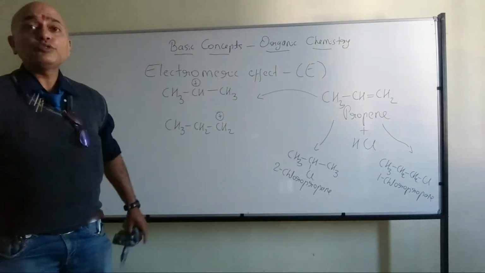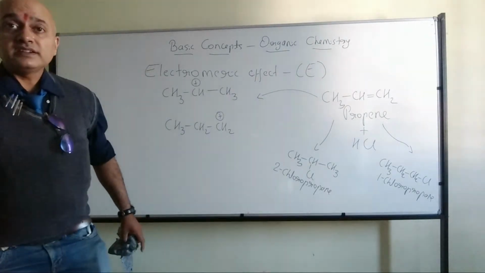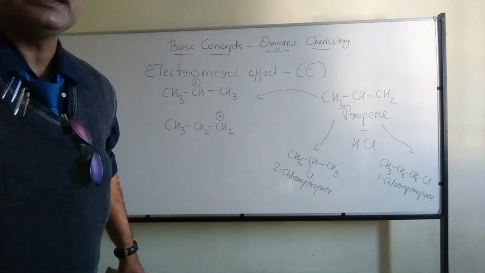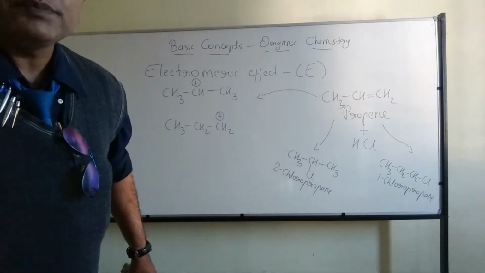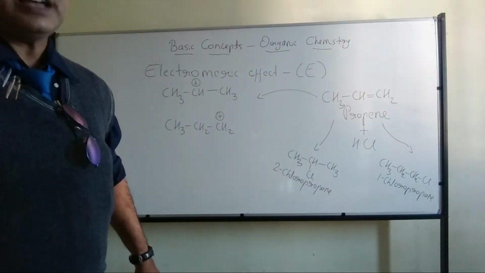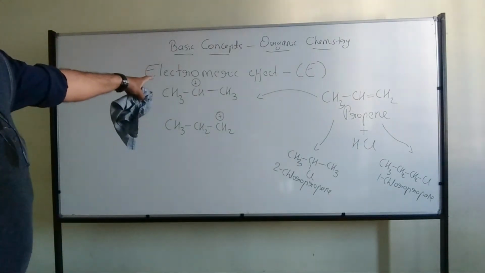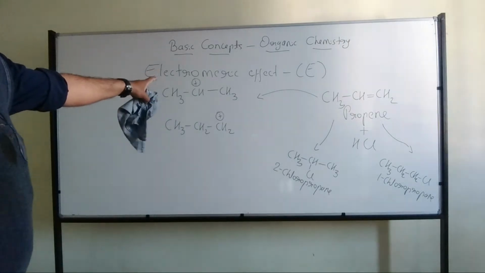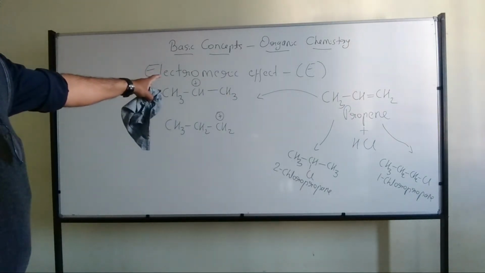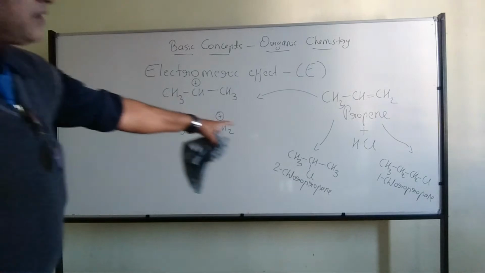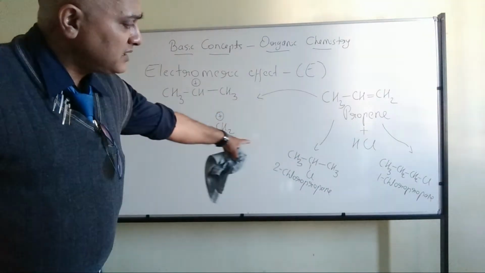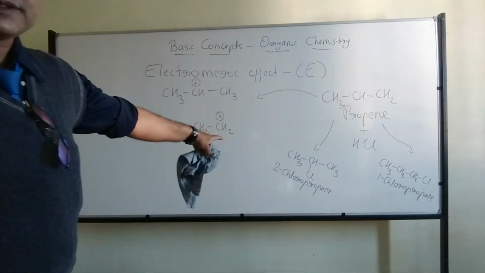This carbocation is stable. So therefore 2-chloropropane will be formed instead of 1-chloropropane; the major product will be 2-chloropropane. So who is the deciding factor here? Which product should be the major product? That will be decided by the stability of these intermediates. They are going to decide whether I get this one as the product or that one.